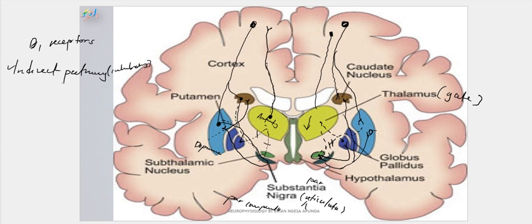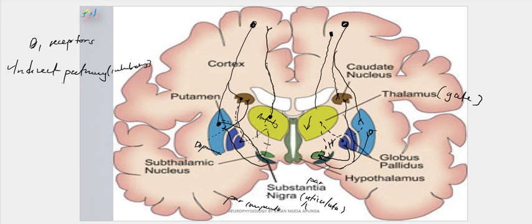So in this case, if it inhibits the striatum during the indirect pathway, it will mean that the inhibition of these other neurons will reduce, to reduce the inhibition signal to the globus pallidus externa.